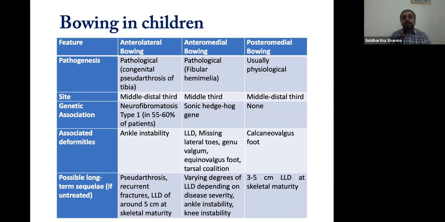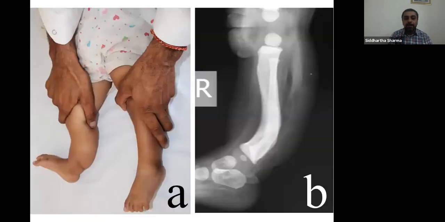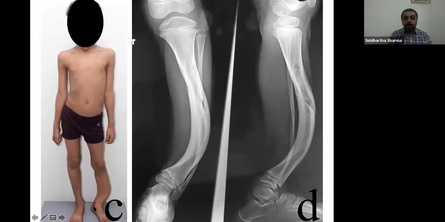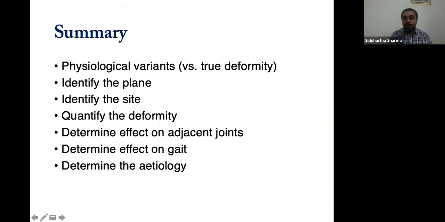Posteromedial bowing is associated with 3 to 5 centimeters of discrepancy. That's why I said, even though this is considered physiological, it does have some long-term consequences. Now, this is an infant who has a posteromedial bowing, and notice the typical equinovalgus positioning of the foot. This is a child with an anterolateral bowing of the tibia, which is so typical of neurofibromatosis.